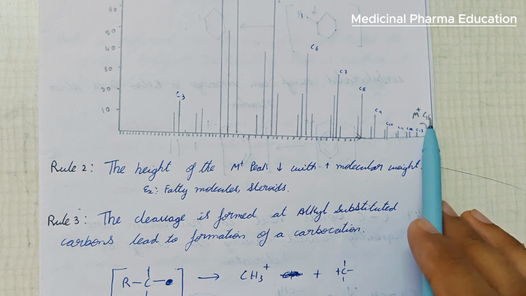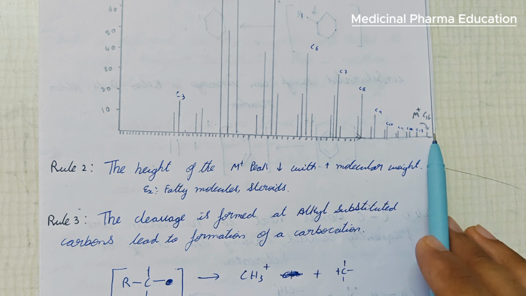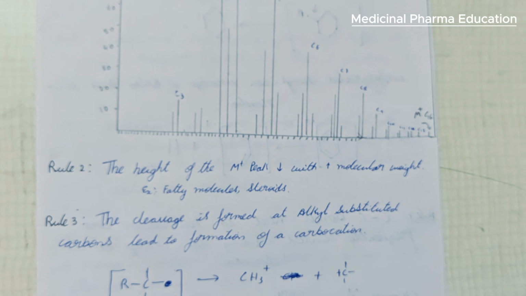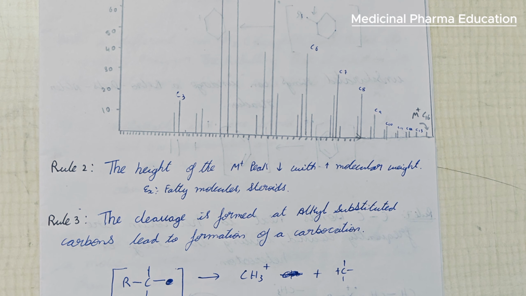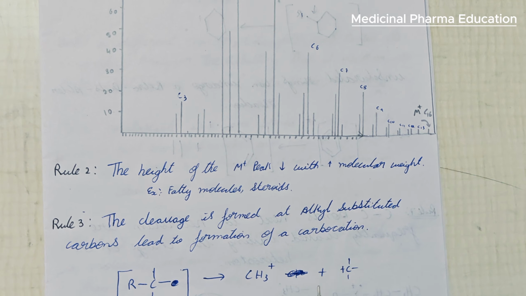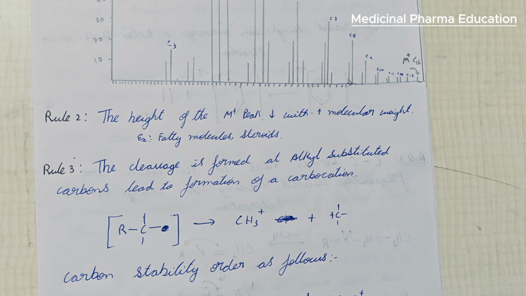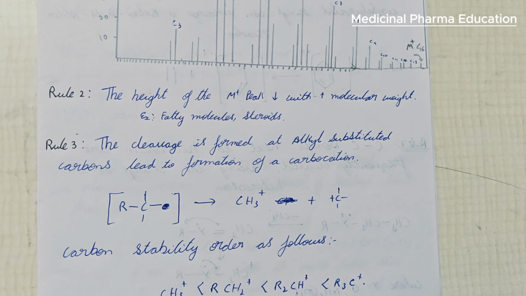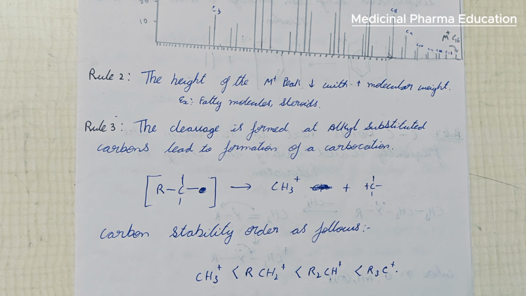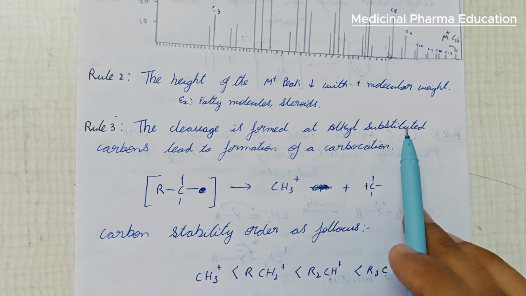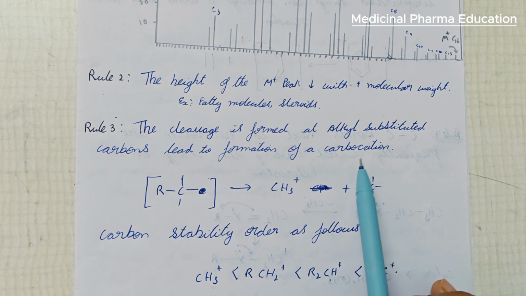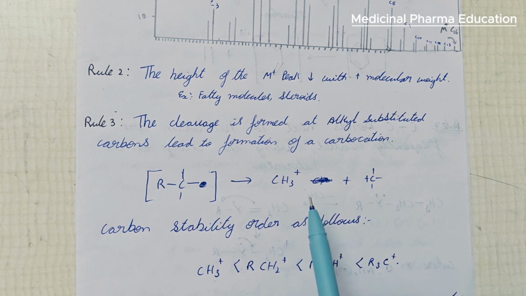See, the C16 carbon has a higher molecular weight, so the peak is lower. C4 and C5 have lower molecular weight, but they have the highest peak. C3 we leave out, excluding it. Next, the third rule: cleavage at an alkyl substituted carbon leads to formation of a carbocation.